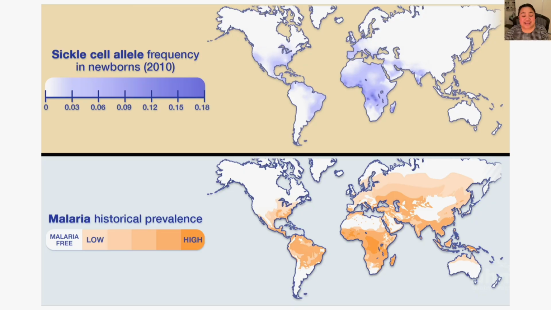This is why we see high frequencies of sickle cell allele in areas where malaria is common. Do you see the overlap between the purple regions, where the allele frequency of the sickle cell allele is high, and the orange regions where malaria is prevalent? These are in the African regions, Middle East, and South Asia.